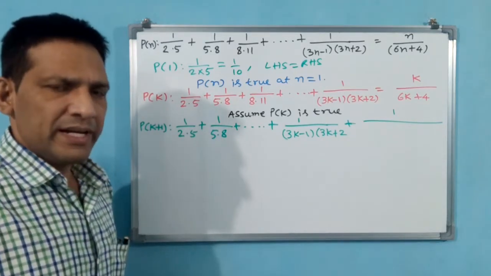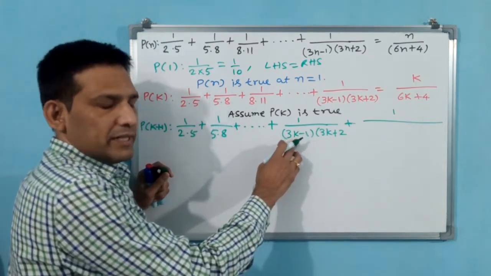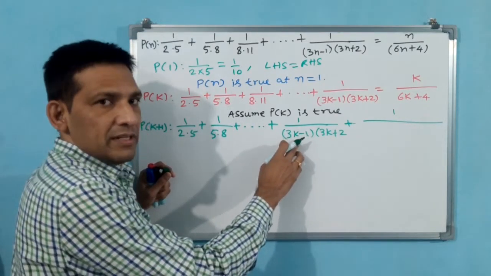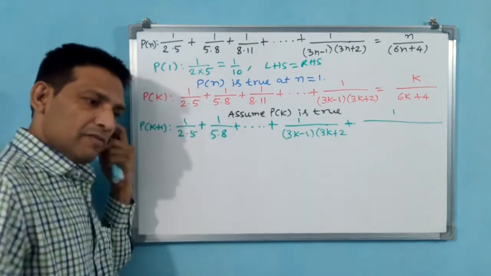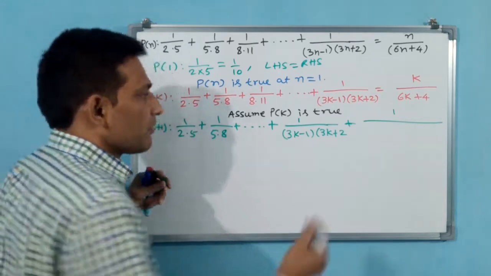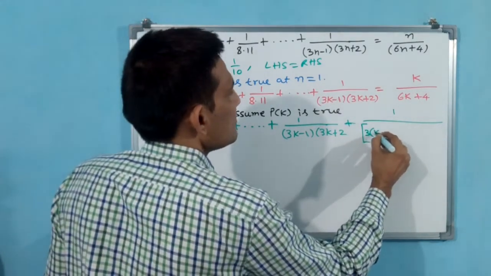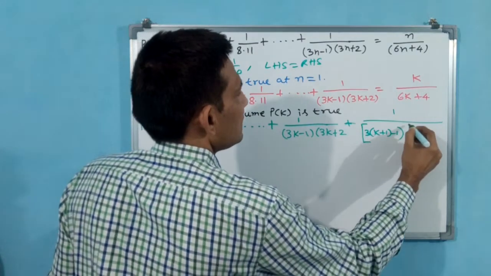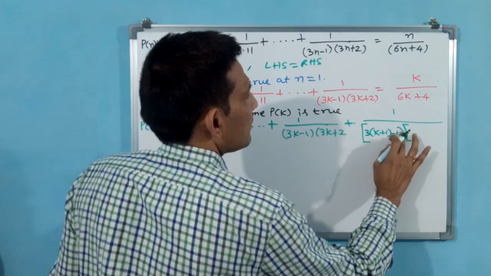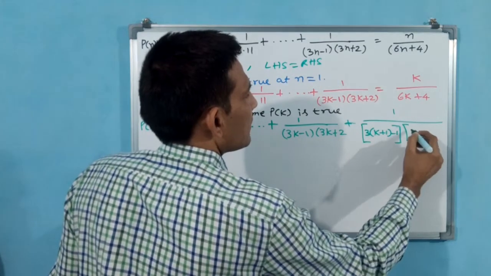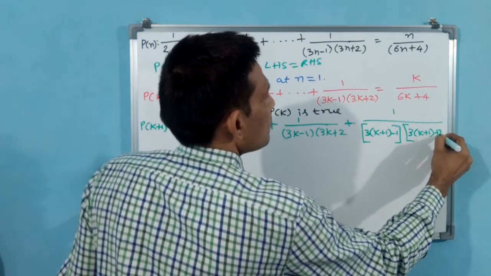Directly also we can write. We have got experience. Why? Because see, k plus 1 in place of k means 3k plus 3 minus 1, that is 3k plus 2, you can write. But if you want to take one more step, you take. How I am writing, you see: 3 into k plus 1 minus 1, and 3 into k plus 1 plus 2.